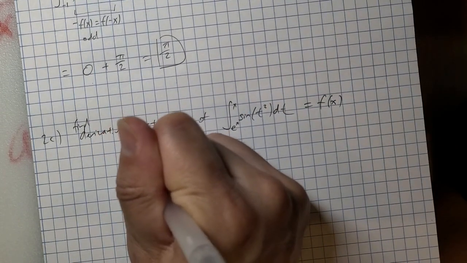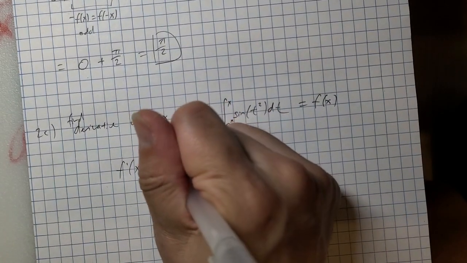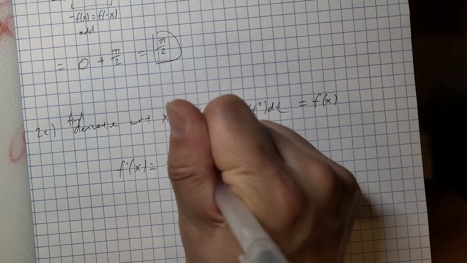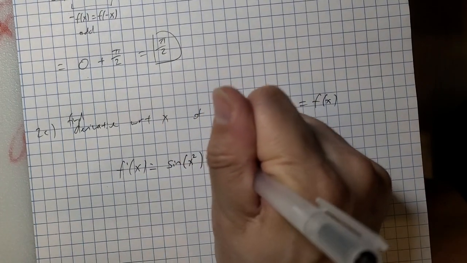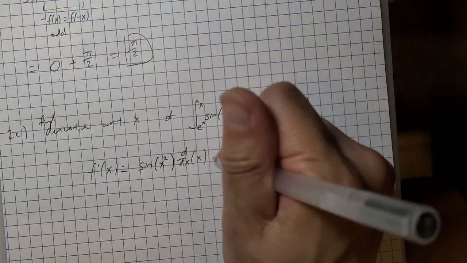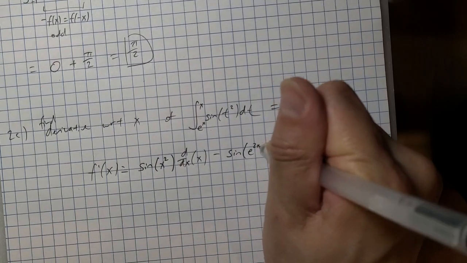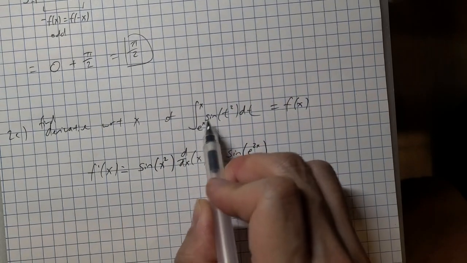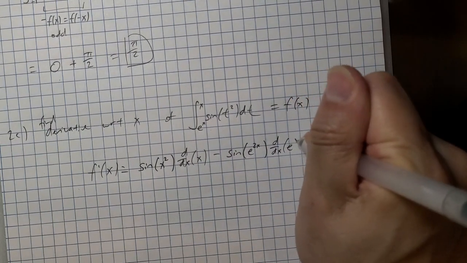So f prime of x, how to do that? We plug in the upper bound times derivative of the upper bound, so d by dx of x, okay, minus, plug in the lower bound, e to the x quantity squared is e to 2x, and then times derivative of the lower bound.